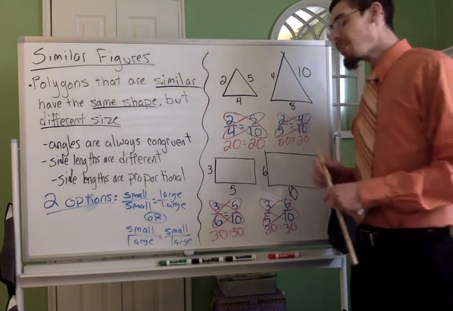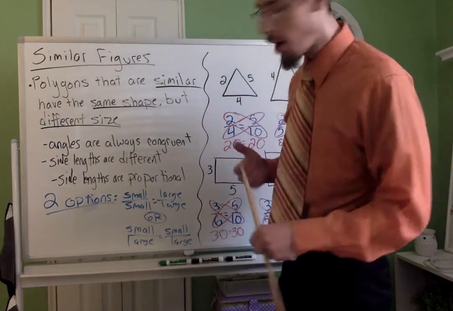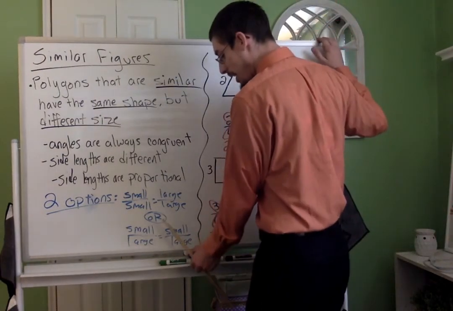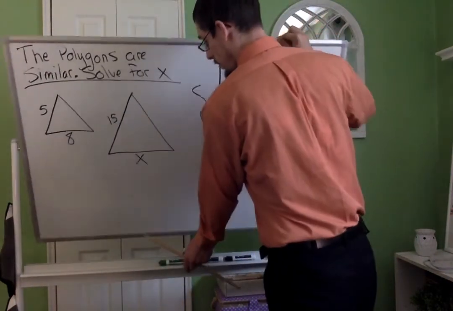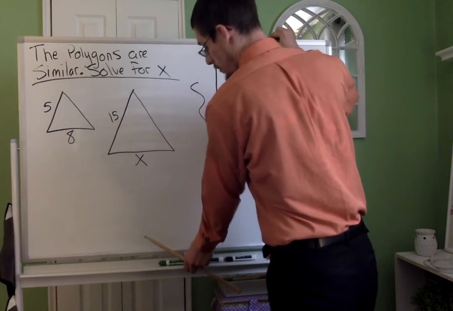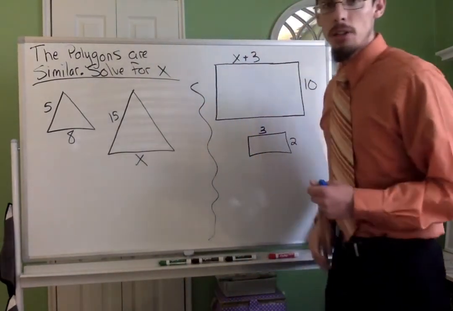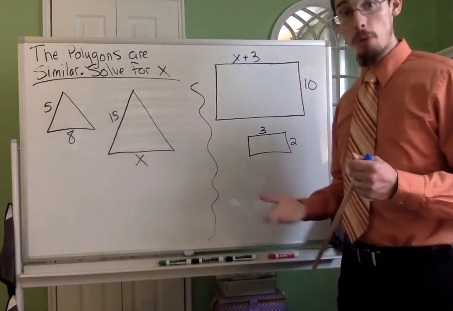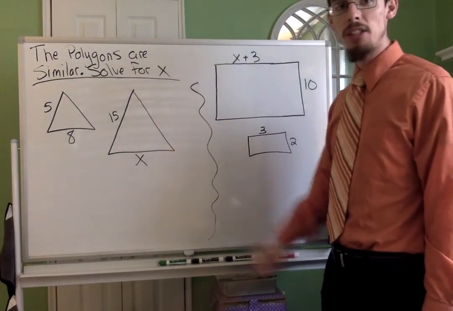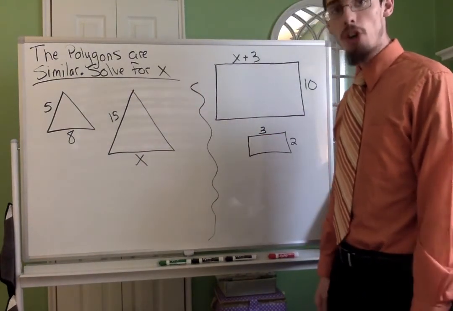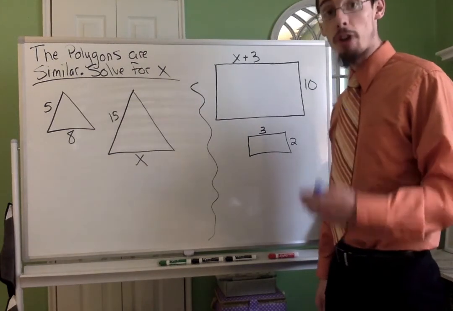Now, let me show you the types of problems you're actually going to be doing in this section. So what I've done here is I've given 2 examples, right? I'm telling you the polygons are similar, and your goal is to solve for x.